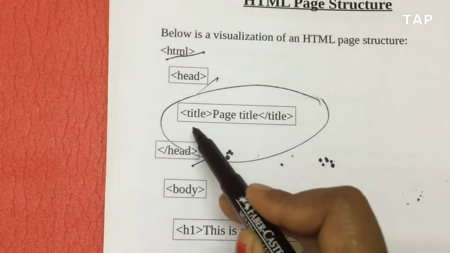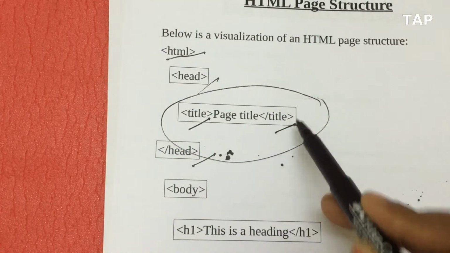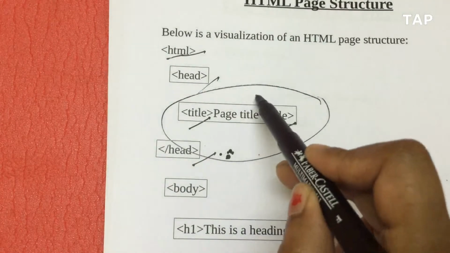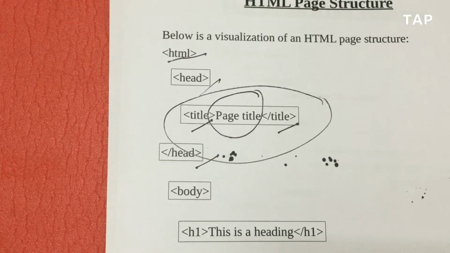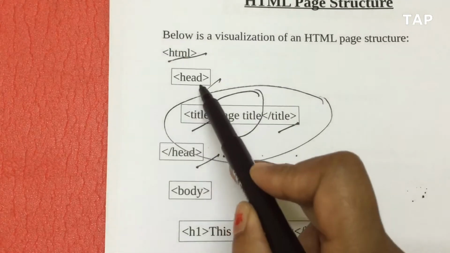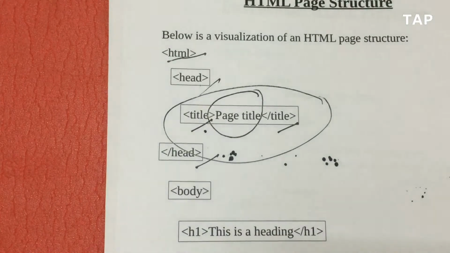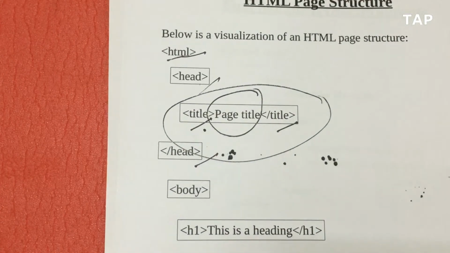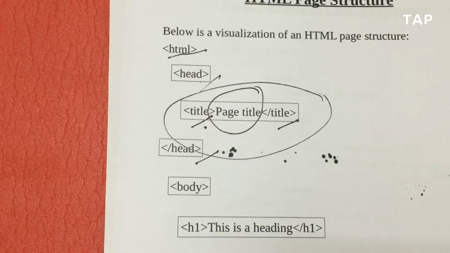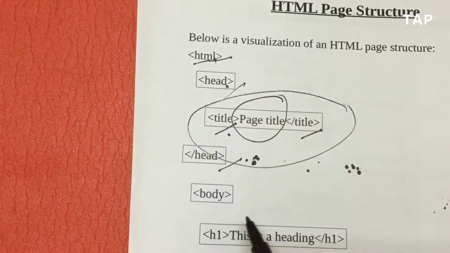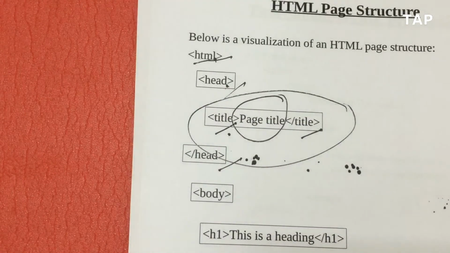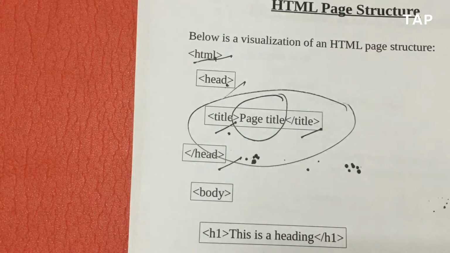Inside there you have a title tag, with a closing title tag, and here you write your content. I have separate tutorials for the head tag and title tag, so don't get scared. It's just simple. Remember that you have to start your program with html and end it with /html. Inside you will have a head tag, and inside the head tag you can have a title. I'll explain each part.